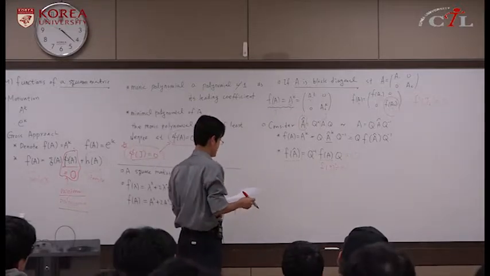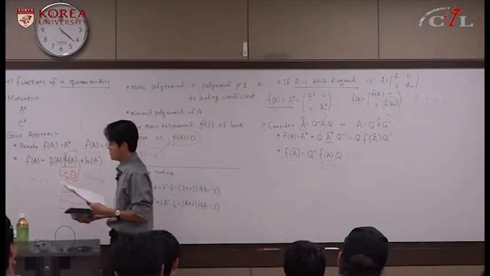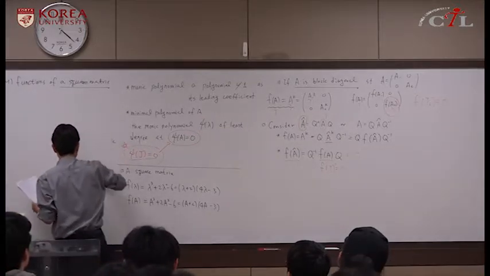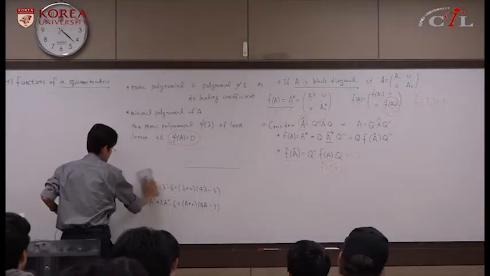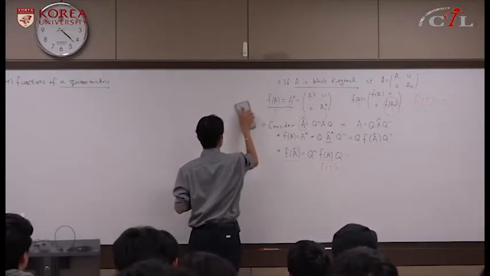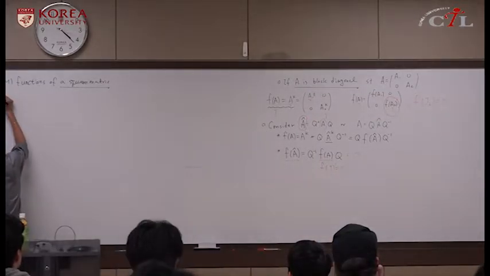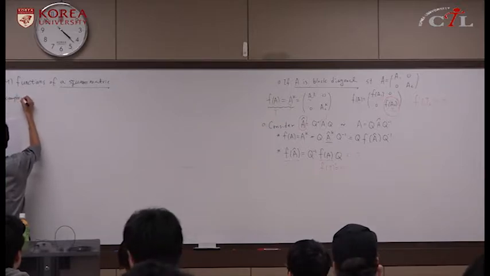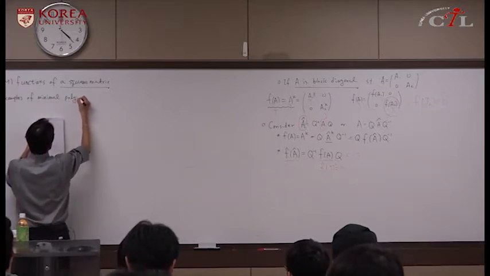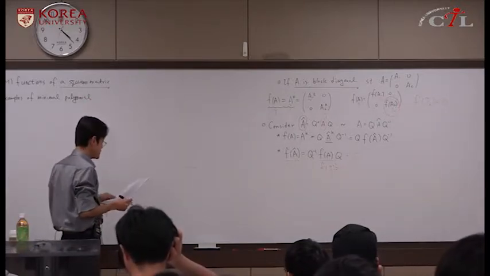Okay, so we're starting from Jordan form, and examples of the minimal polynomial.